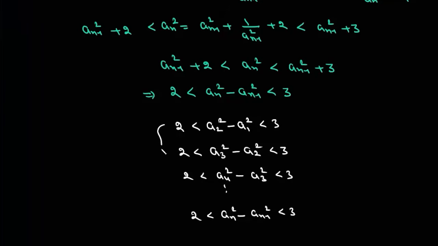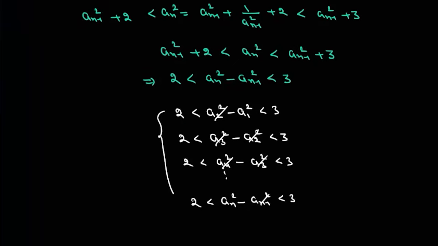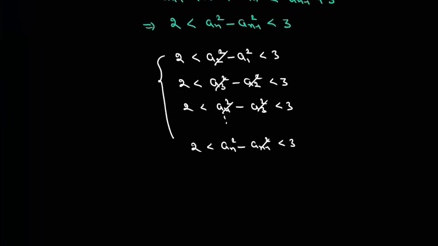Now if we add them all up, here this a2 square will cancel, a3 square will cancel. So all these terms will cancel. We can write 2 plus 2 plus 2, n minus 1 times. So there will be 2(n minus 1) less than an square minus a1 square, and will be less than 3 plus 3 plus 3, n minus 1 times, and there will be 3(n minus 1).